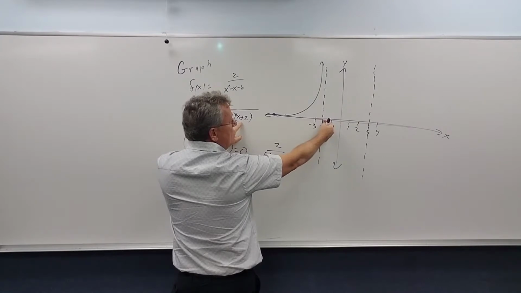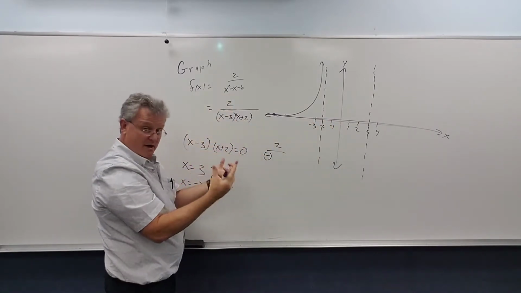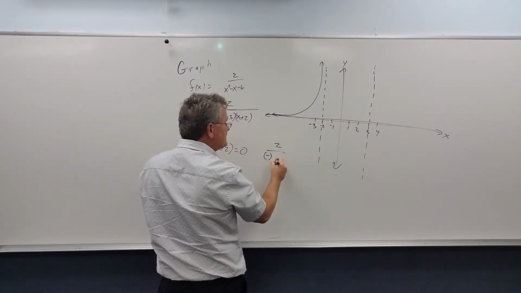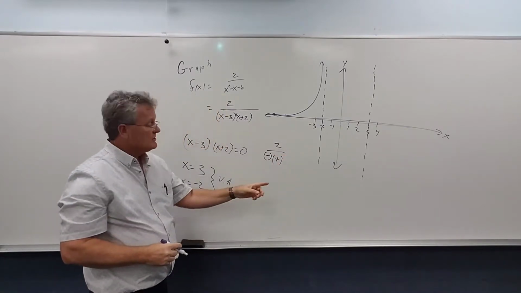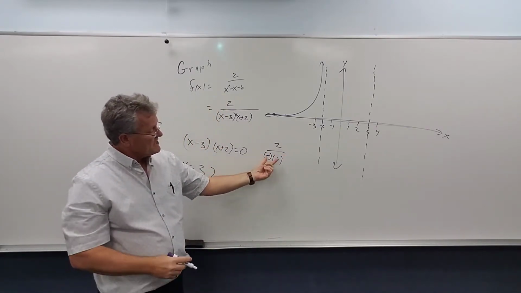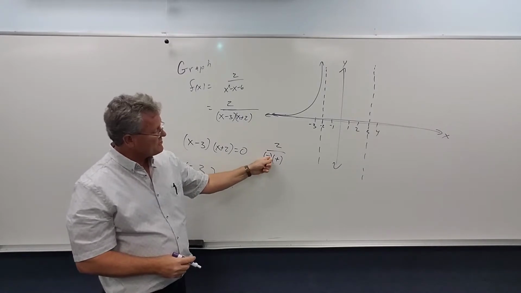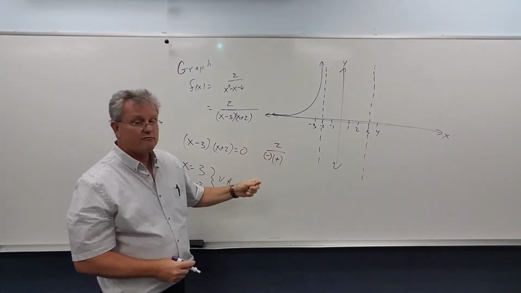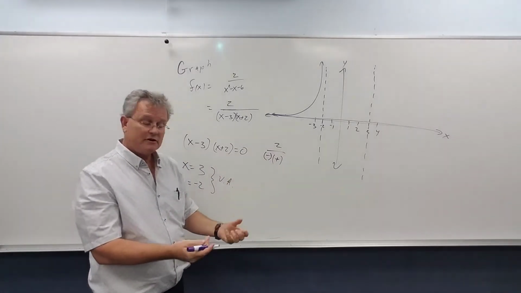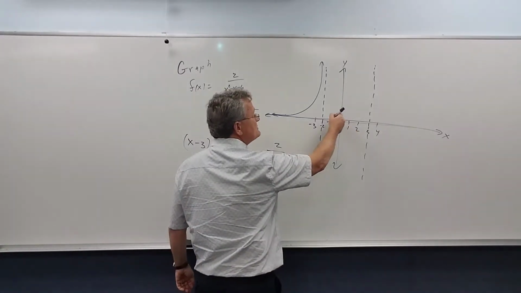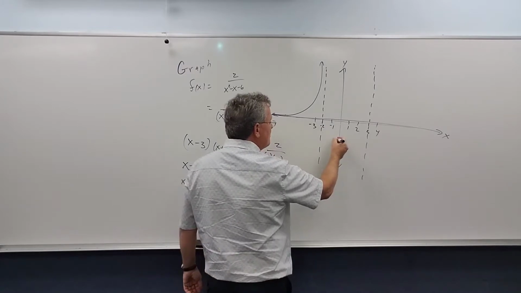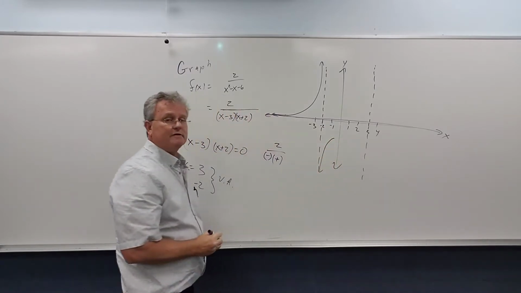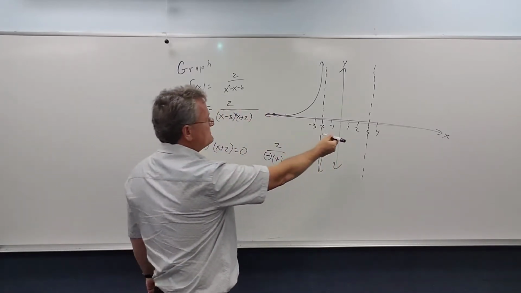Negative 1.9 plus 2 is a positive number, but it's getting close to 0. So the denominator is getting close to 0, but these two are negative, and a positive over a negative is a negative. So that means it's going to go to negative infinity when we come in from the right.